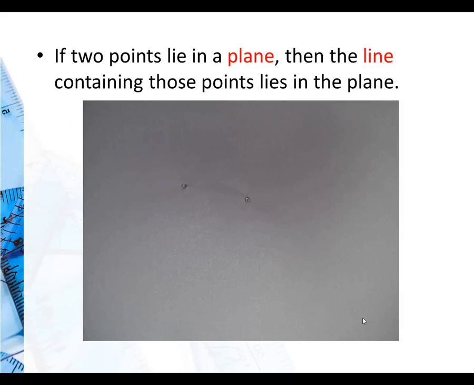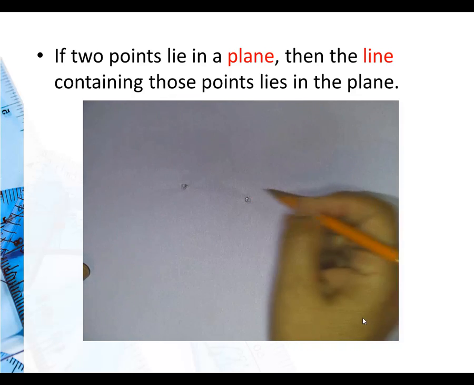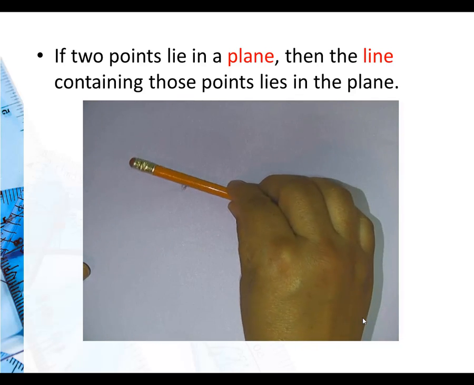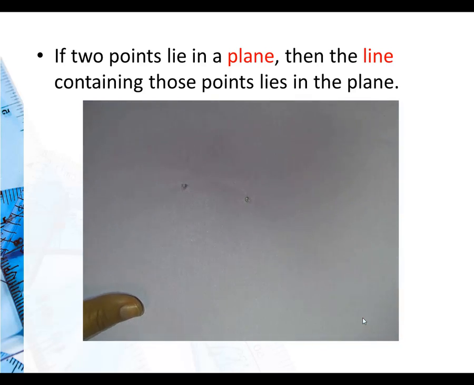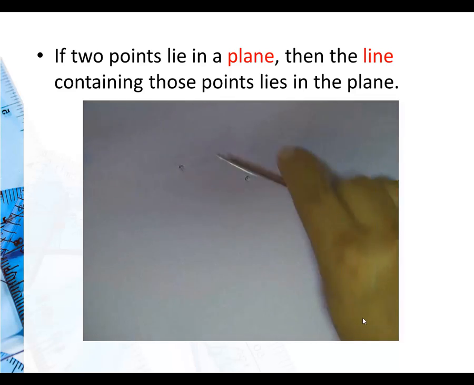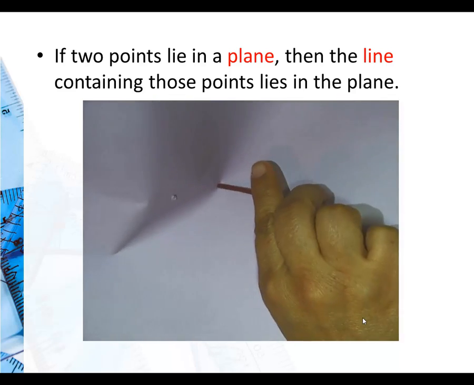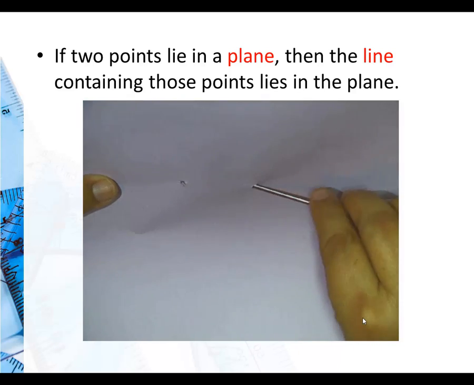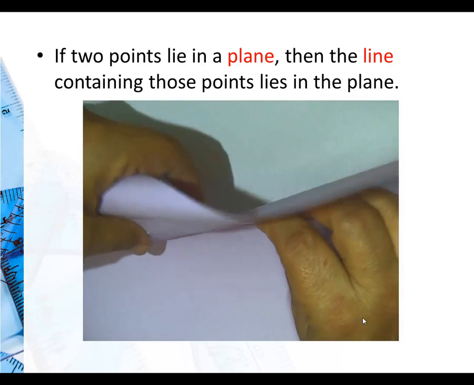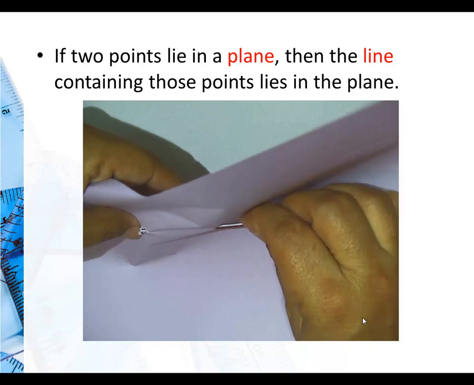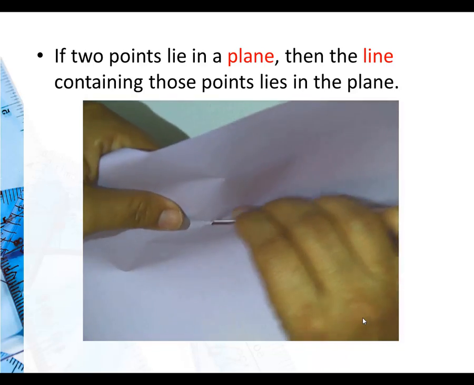We're going to look at the postulate that if 2 points lie in a plane, then the line that contains those points lies in the plane. Now, here are my 2 points, and I could just draw a line through it, but I thought I'd go ahead and get a little more concrete. So I have this coffee stirrer that is modeling my line. It's technically a segment.